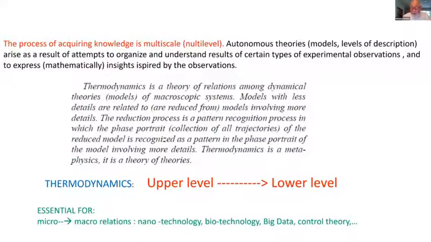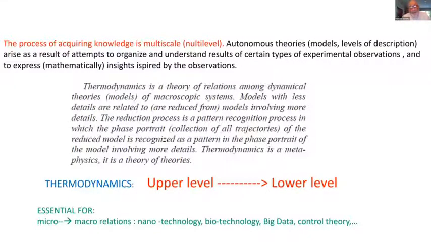of course, with a limited domain of applicability, and now if we have other levels of description, like for example kinetic theory or completely microscopic, then we have a different amount of details. I will use the level of description with more detail as an upper level, and with less details as a lower level.